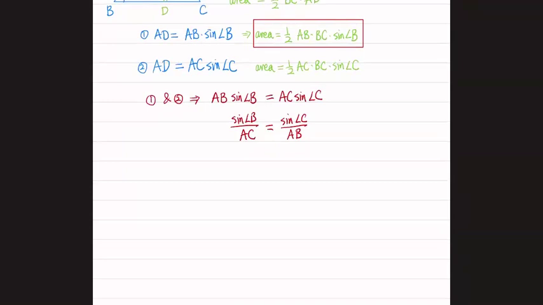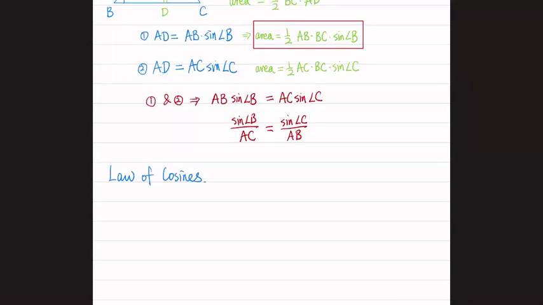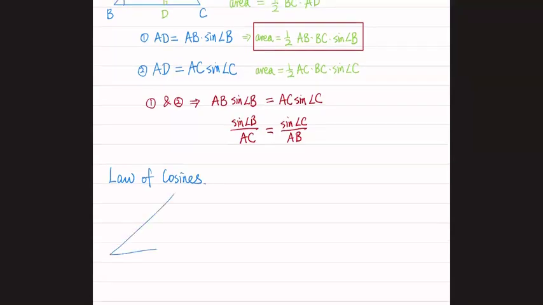Then we have the law of cosines. Okay, make a triangle A, B, C. For the law of cosines, we label the sides lowercase a, b, c.